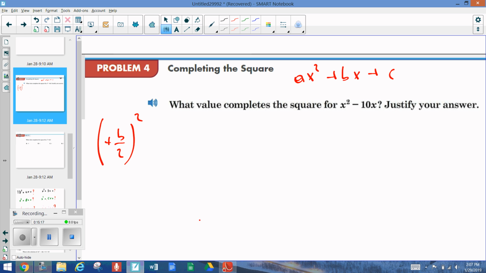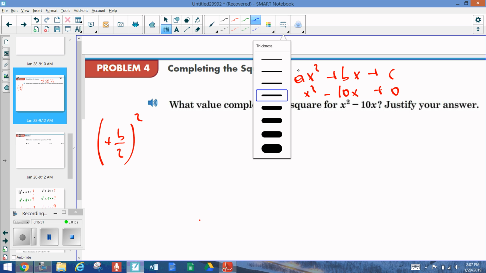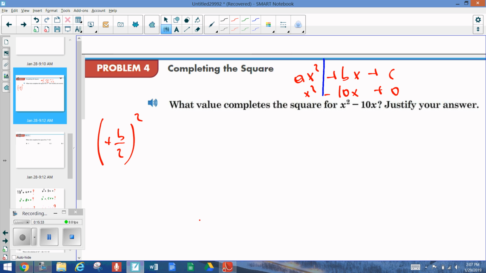Plus c, good job. So when you look at that, x squared is here, minus 10x, what is c? There is no c, which is 0. So what is b in this case? b is negative 10.